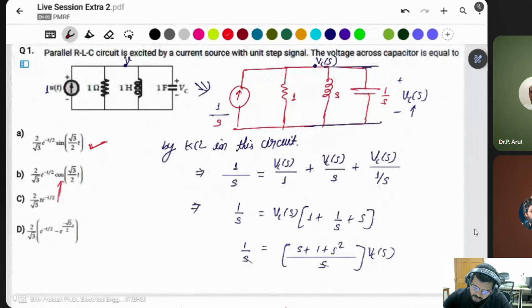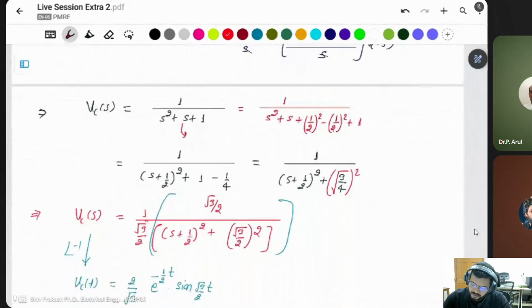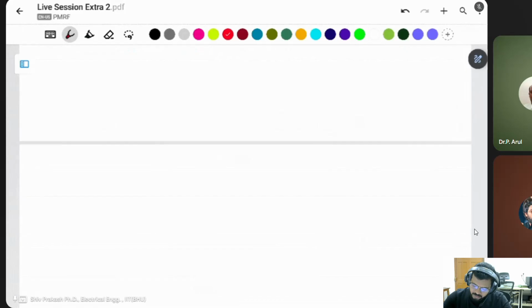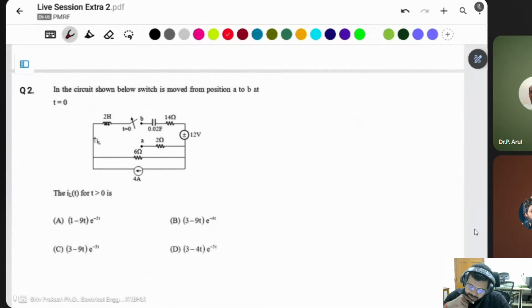Simply, directly convert to Laplace and solve in Laplace. So the next circuit is again a second order circuit, with an inductor and a capacitor. In the circuit shown below, the switch is moved from position A to B at t equal to 0.